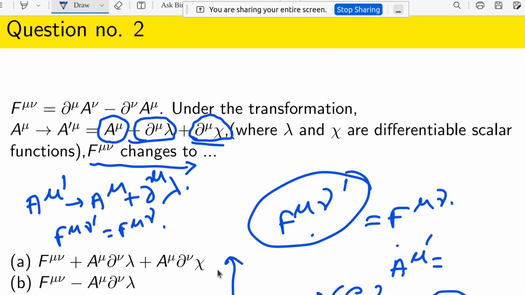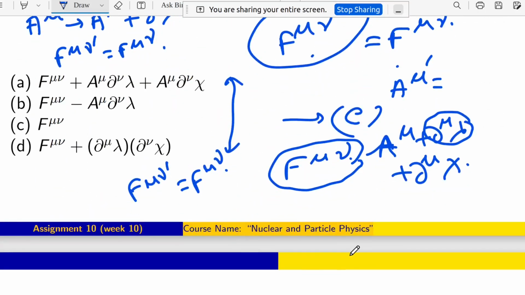Okay, so our f mu nu will be exactly invariant even if we add a differentiable scalar with a mu. So that can be a conclusion from that question.